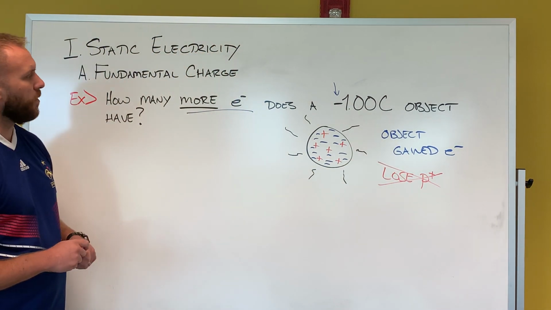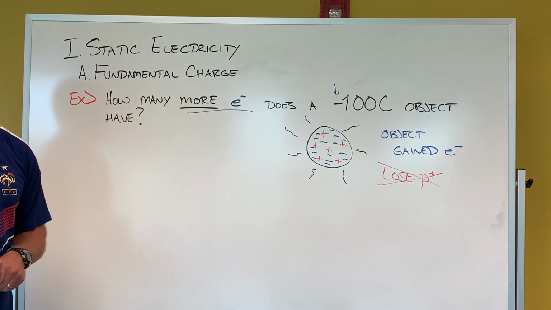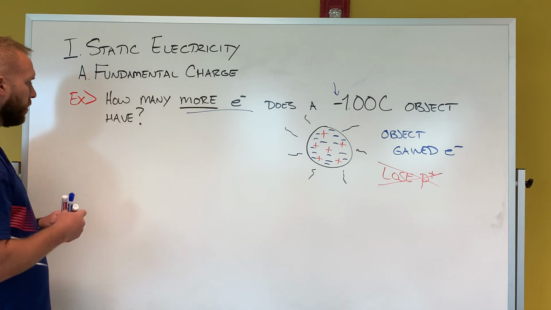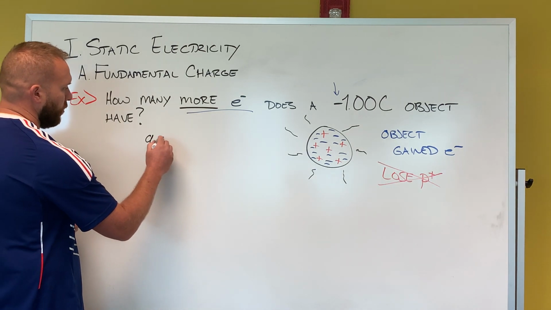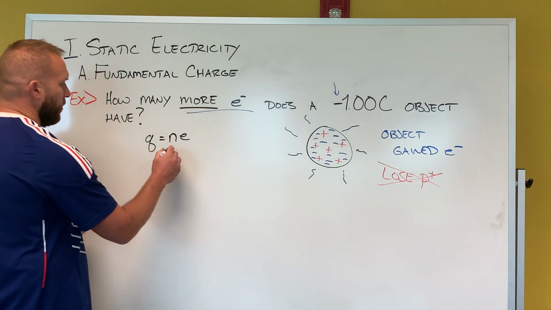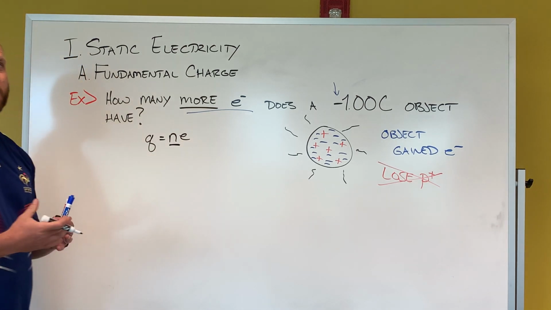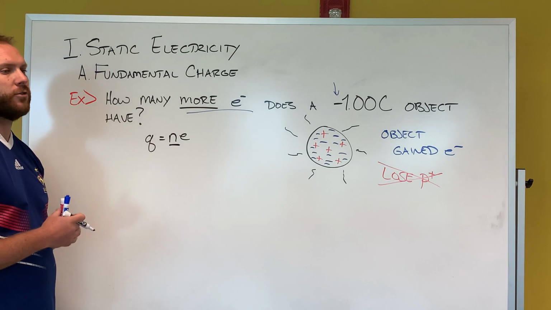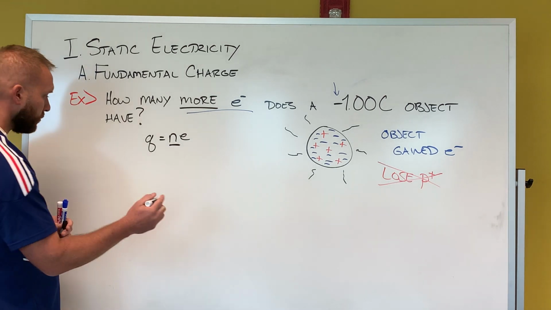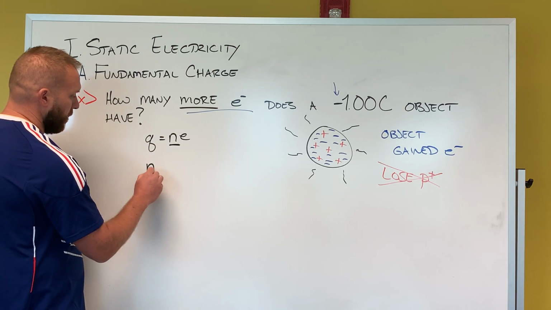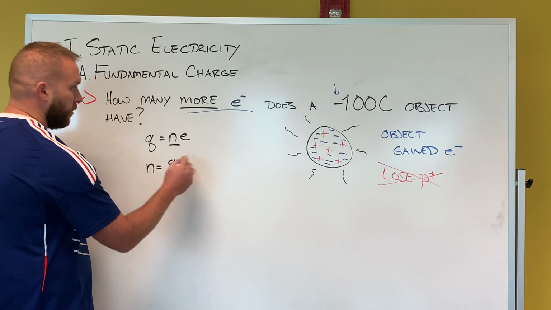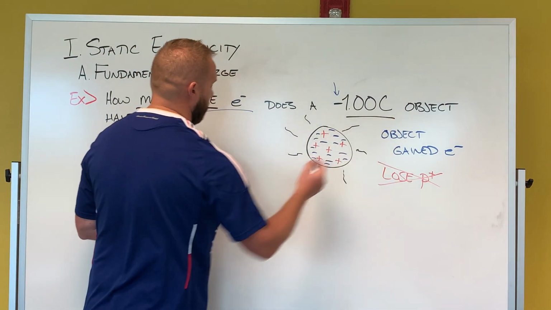So what we want to know is how many more electrons does that object have compared to the number of protons that are actually there. So we're going to use our equation, Q equals NE, okay? And what we're looking for is N. Right? What is the integer value? How many more electrons are there than there are protons? Right? So in doing that, N becomes Q divided by E. Q is my charge of my object, right?